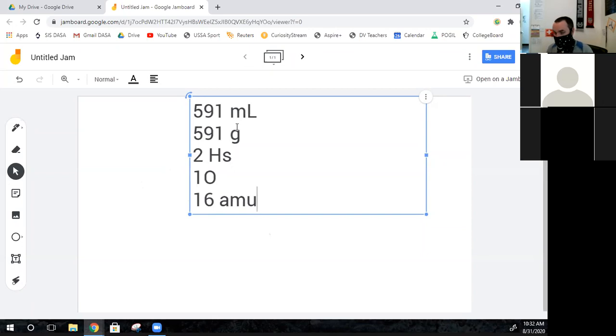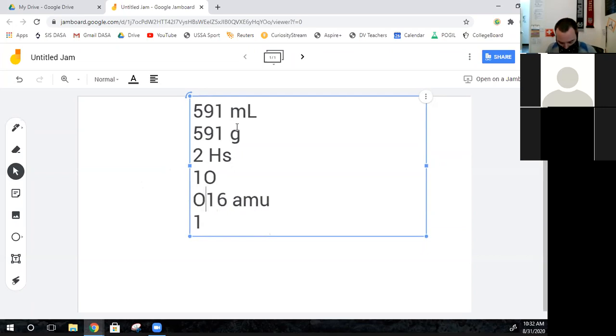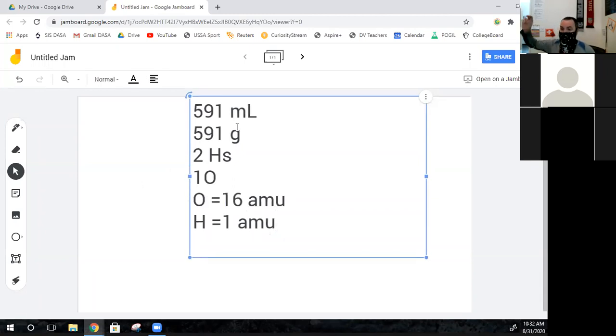We'll talk about all that later. And hydrogens each equal 1 AMU. Cool. So if we have two hydrogens and one oxygen, how many AMUs does each molecule weigh? 18, right?